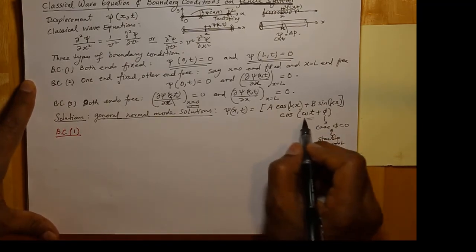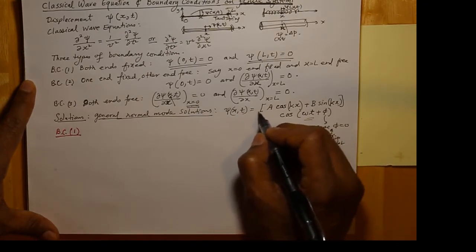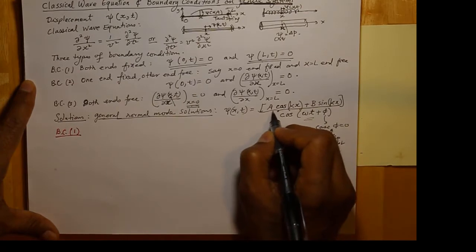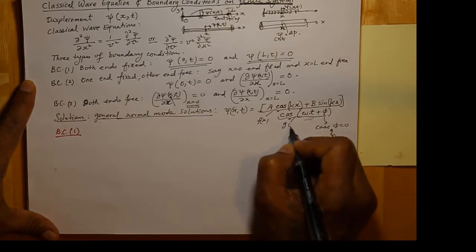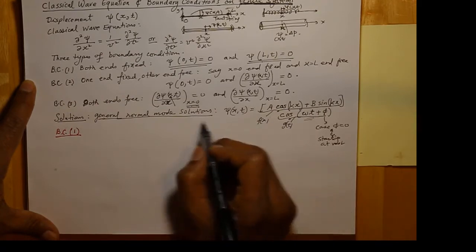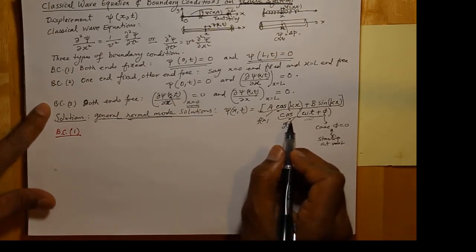When we ask for this type of solution, a product of a function of x and a function of t, that actually leads to the normal modes that are allowed in these cases.